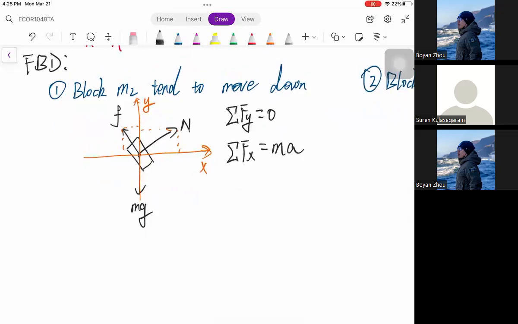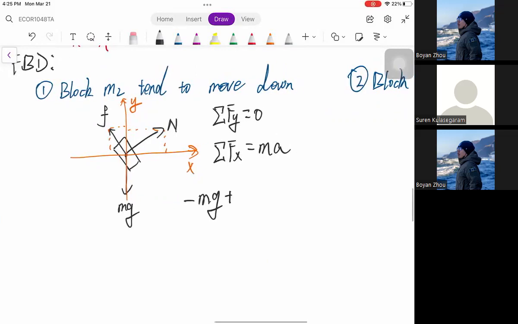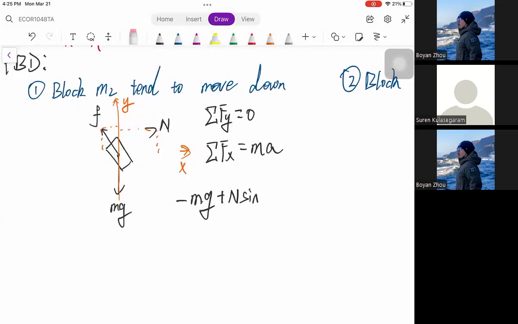So in the y direction, everything equals 0.